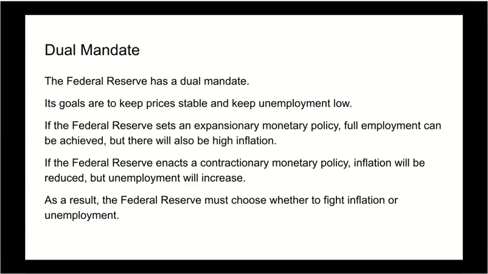If the Federal Reserve enacts a contractionary monetary policy, inflation will be reduced, but unemployment will increase. So as a result, the Federal Reserve must choose whether to fight inflation or unemployment. It cannot fight both when they're both high. So it has to make a tough choice.